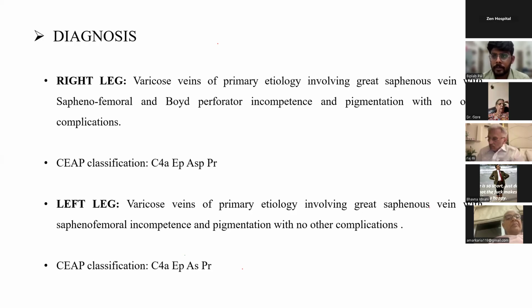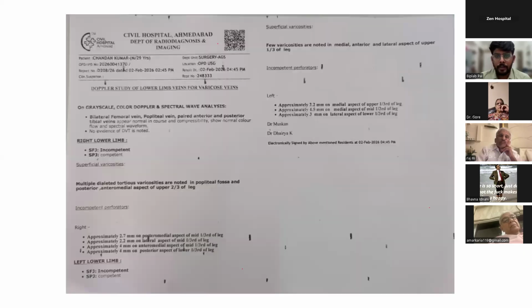Okay, go ahead. So what is the finding in this patient? Ma'am, there is right saphenofemoral junction incompetence with perforator incompetence. In Doppler, they have mentioned there are 4 incompetent perforators.